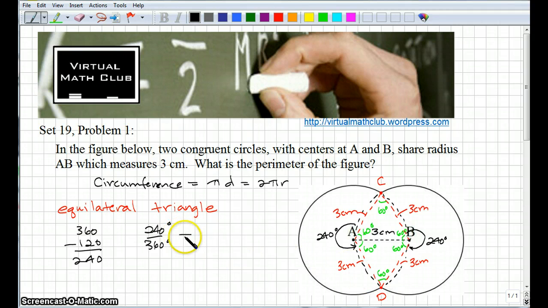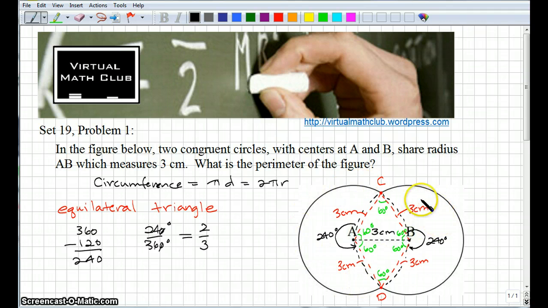That's equal to 2/3. So 2/3 of the total circumference of circle A is included in the figure. You see that? Because 2/3 of the 360 degrees are included in the figure.